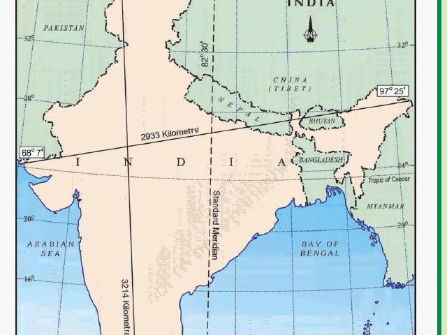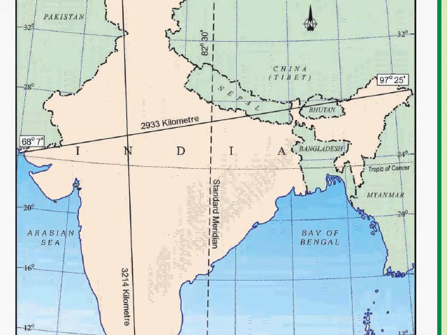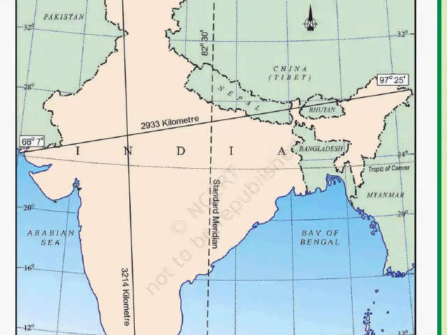This is the map of our country, and the importance here is that we can see these lines are nearly similar, but the difference is that the length is more than the width of our country.